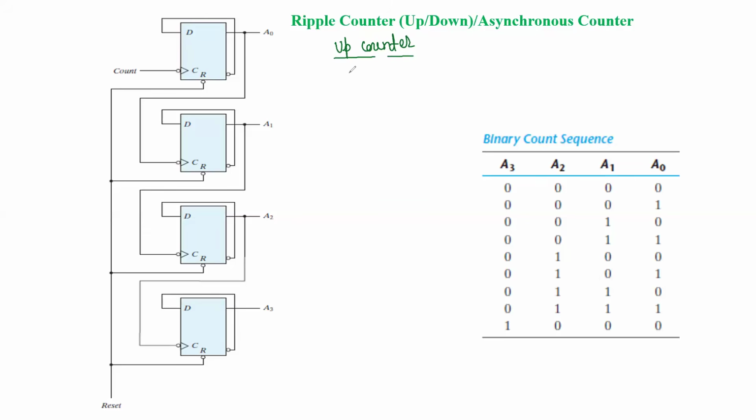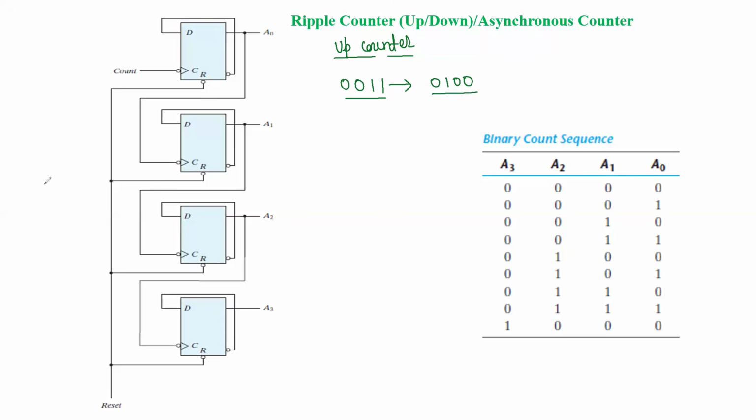So it's going to count the binary numbers in ascending order. Now suppose for example at any stage we have output 0 0 1 1. From here, in case of an up counter, how are we going to obtain 0 1 0 0? Since the decimal equivalent is 3, how do we get 4?